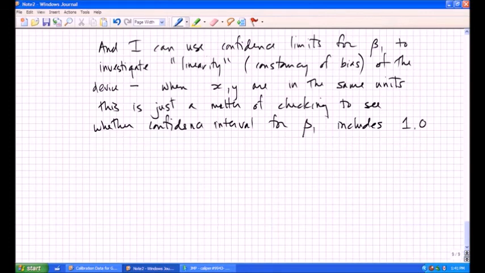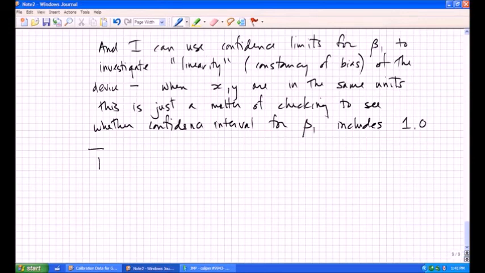If it does, that says that average Y changes 1 unit for every increase of 1 unit in X, and you've got a constant bias. You've got linearity of the caliper.